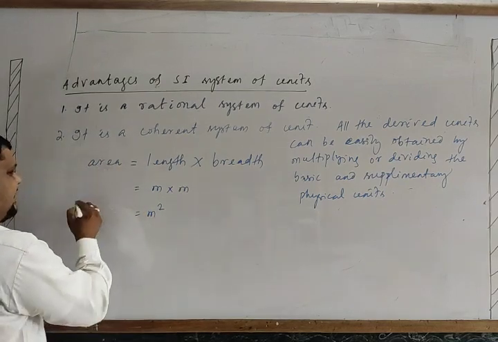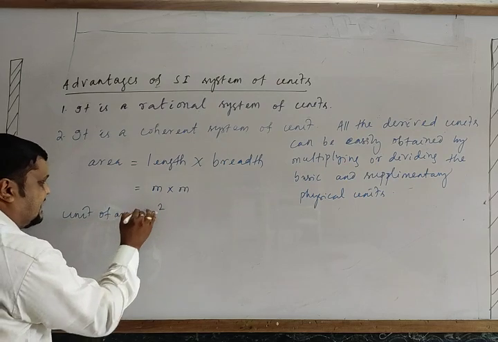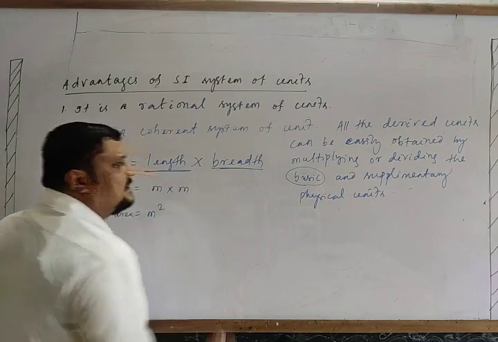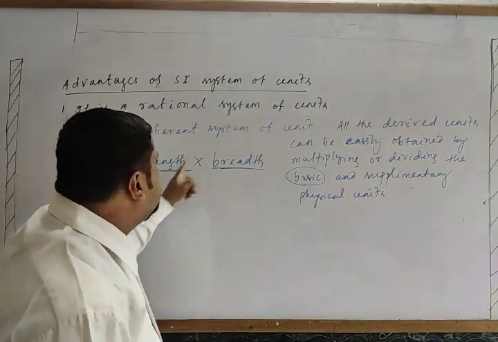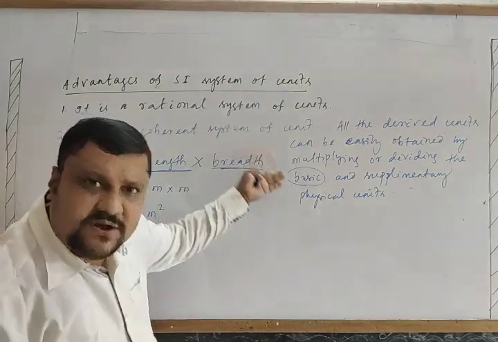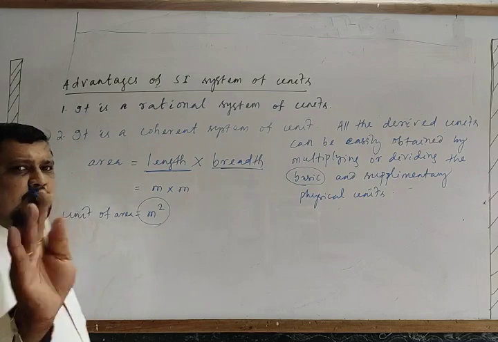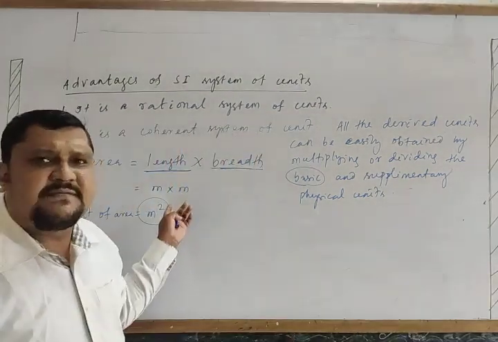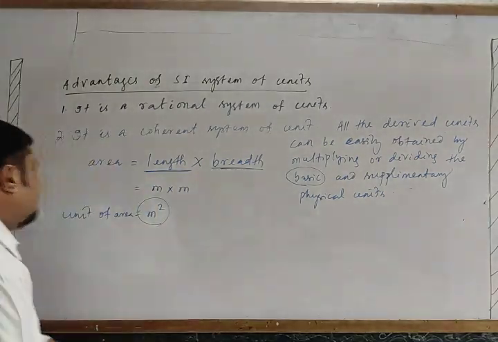So the unit of area is obtained from the basic physical quantity in SI, length, and breadth is also a length. By multiplying, I am getting the unit without using any numerical value. I am not multiplying 2, 5, 7 like that.